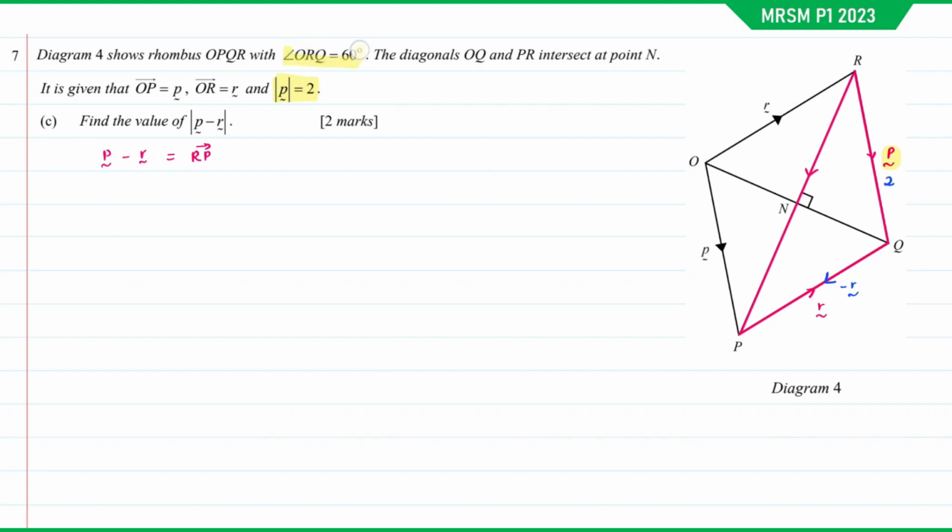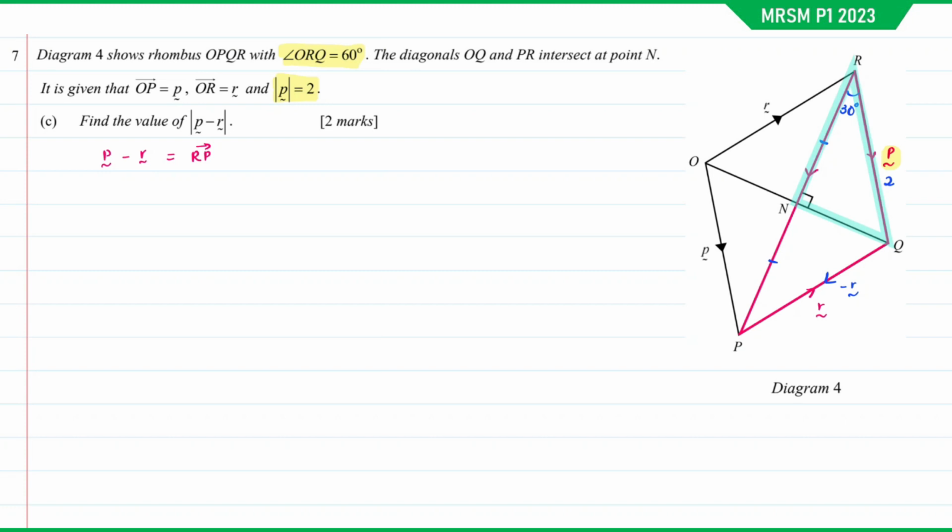As the angle ORQ is equal to 60 degrees, the point N is the midpoint of the diagonal RP and also of the diagonal OQ. Therefore, the angle QRN will be 30 degrees. The length RN is equal to the length NP.